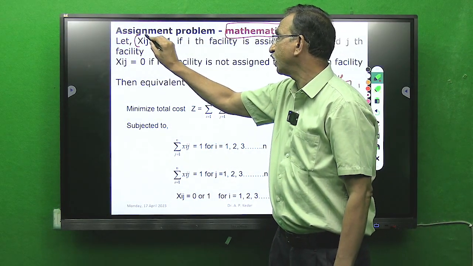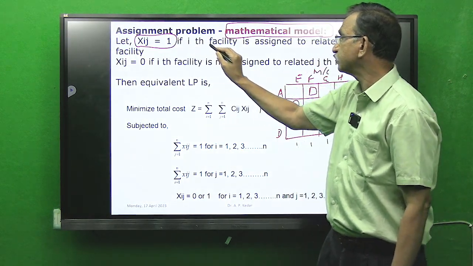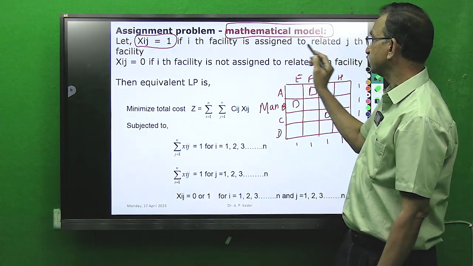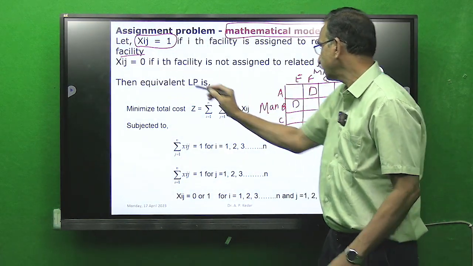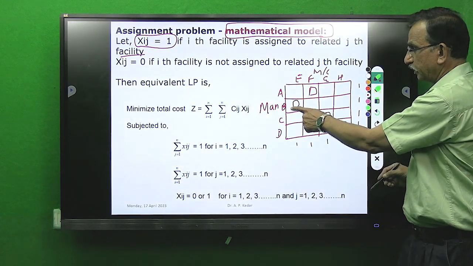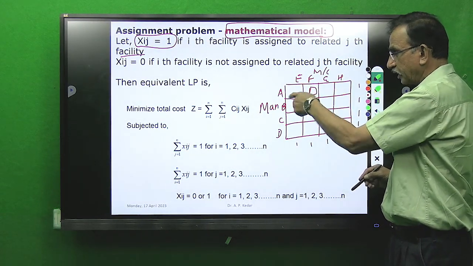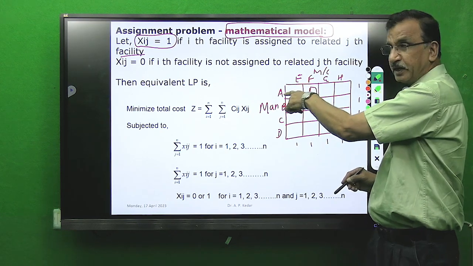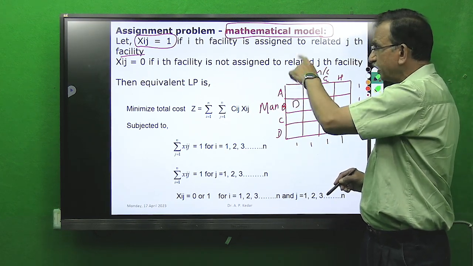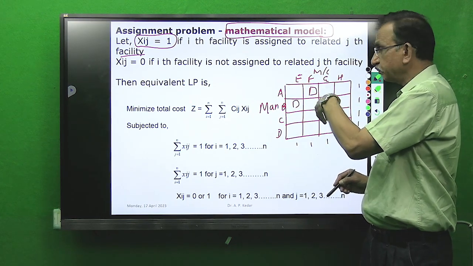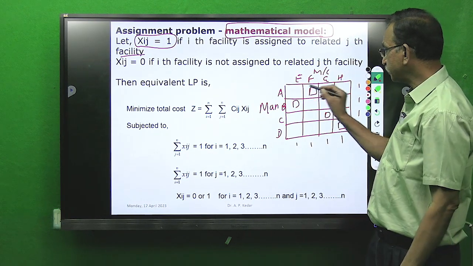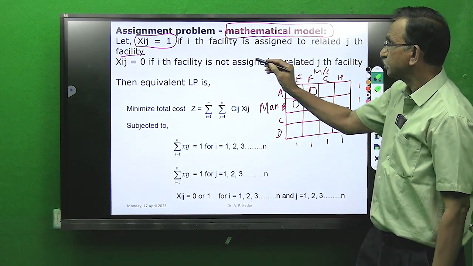So when there is an assignment, Xij is equal to 1 if the ith facility is assigned to the related jth facility. See here, I have assigned the ith facility, I go row-wise, ith facility means man A, to the jth facility, j goes by column, machine F. One machine, one man, so it is 1.